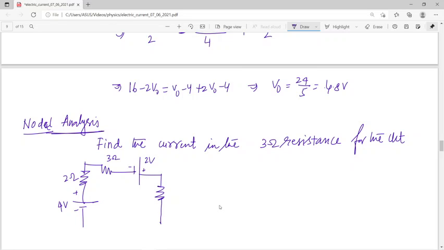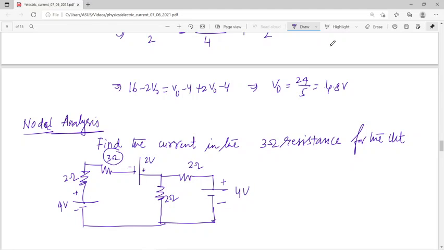And this is 2 ohm, and this is 4 volt. So this circuit is given, and you have to find the current in the 3 ohm resistance.